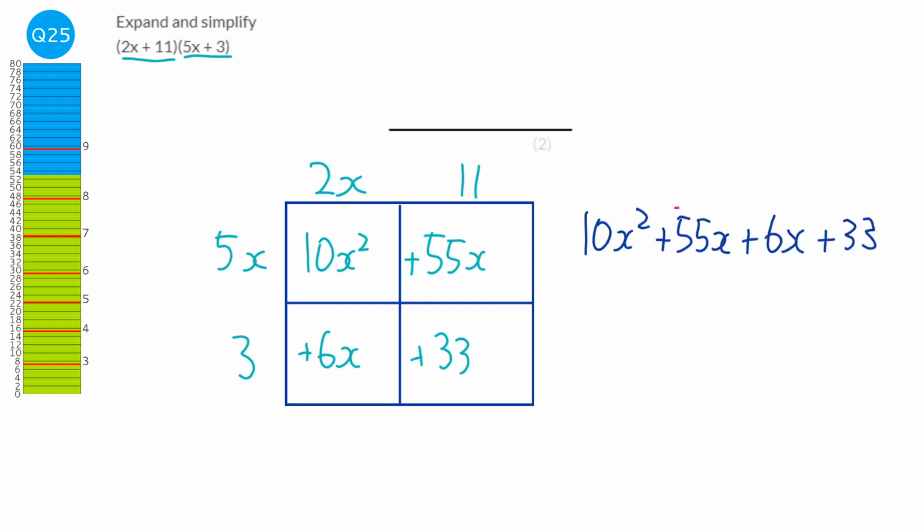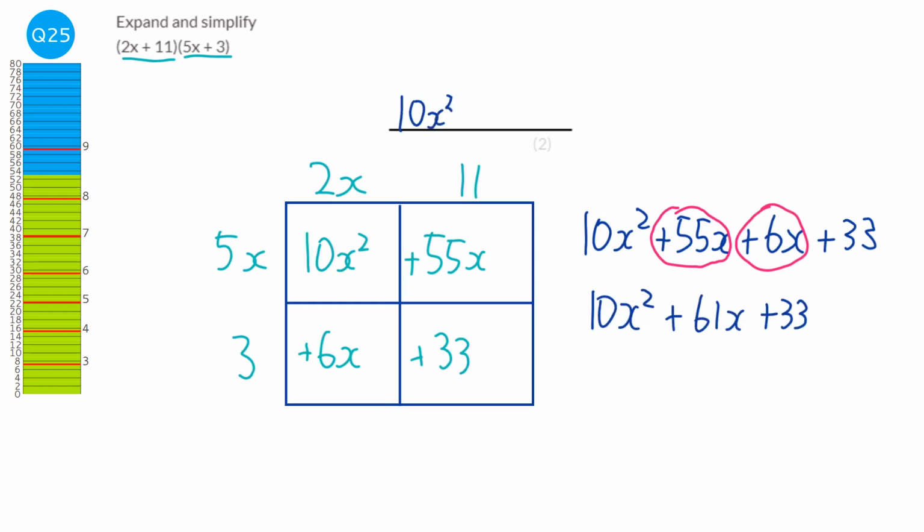The x terms are like terms, so we add them together. Our answer is 10x squared plus 61x plus 33.